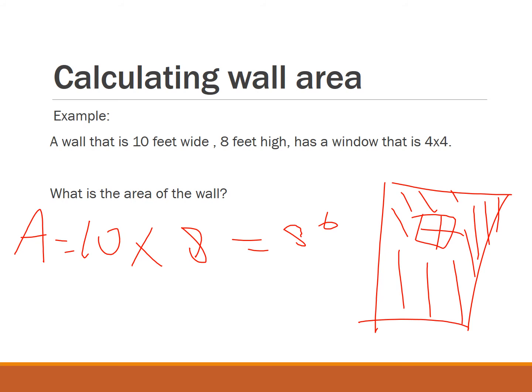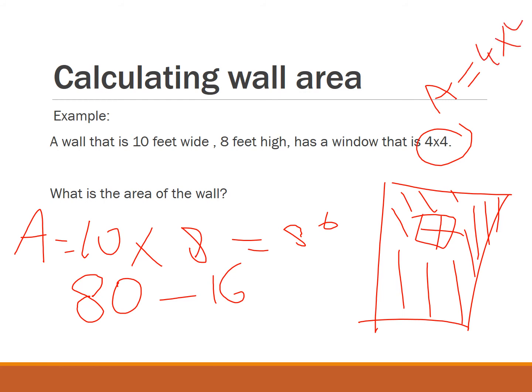Then I will subtract the area of the window, which is 4 times 4, which is 16. So 80 minus 16 will give me 64 square feet. I'm just trying to get you to understand that when we do heat loss, it pertains to a specific material, and this is one step to calculate the wall area.